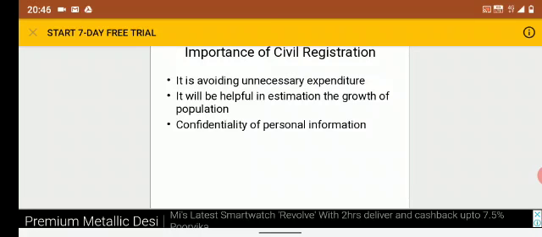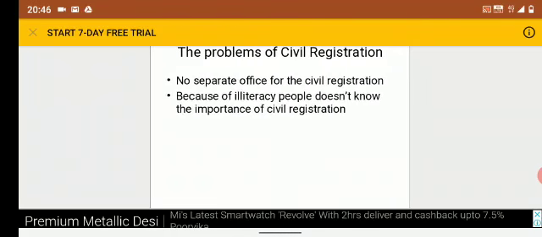In civil registration, we collect personal information like marriage, year, caste, religion, culture, and subculture. All these things are covered, and confidentiality of the personal information is kept in civil registration.